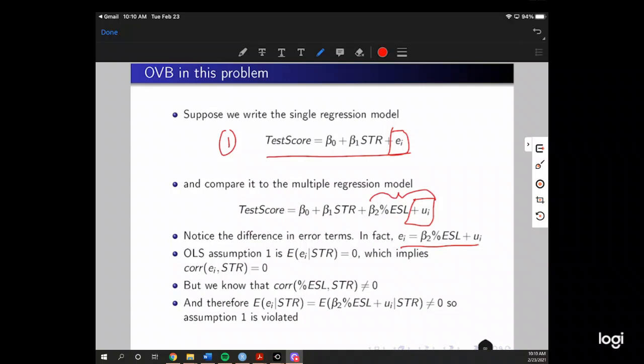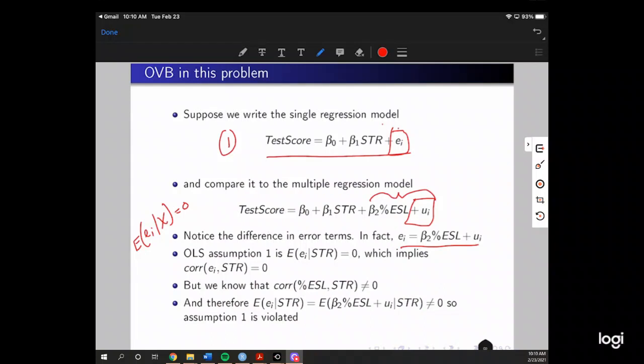So OLS assumption 1 is that the expected value of the error term conditional on the included regressor is equal to 0. This is the ungeneralized format of assumption 1. The generalized format is the error term conditional on the x variables is equal to 0. In this case x is student-teacher ratio, which implies that e_i is uncorrelated with student-teacher ratio.